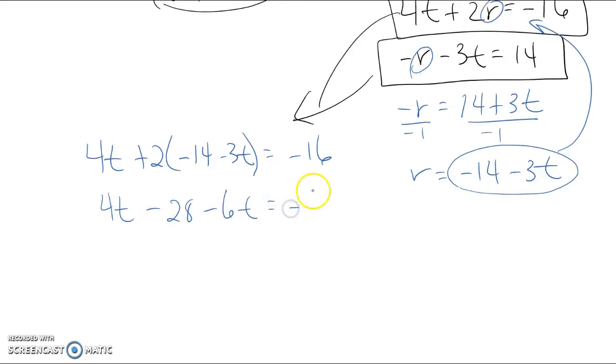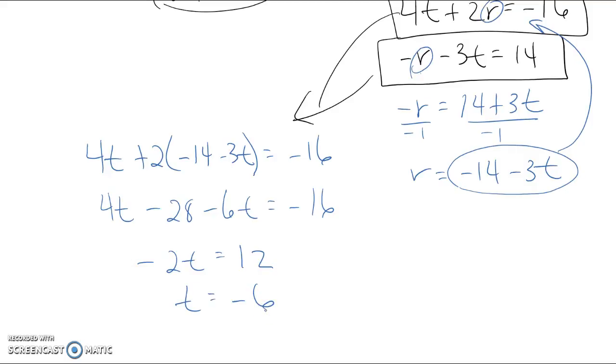The goal would be to try to solve for t. So I'm going to shut up and do that. Plus 28, plus 28. What would that be? Oh, wait, I am adding 28, so that's going to be like a 12? Yeah. So t equals -6. Okay, so I'm getting t is -6.